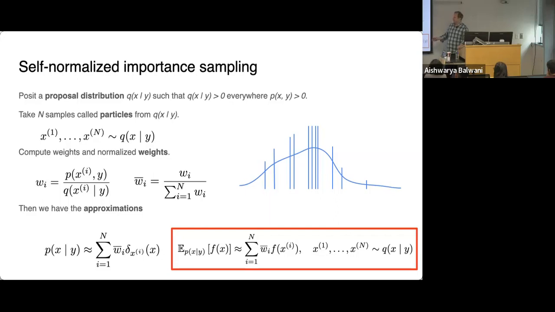So we're operating in a setting where we can't sample the posterior directly. So instead, we sample this thing Q that we've constructed and we've assumed to be easy to sample. And we're using that to get an estimate of this expectation with respect to P that we really want.